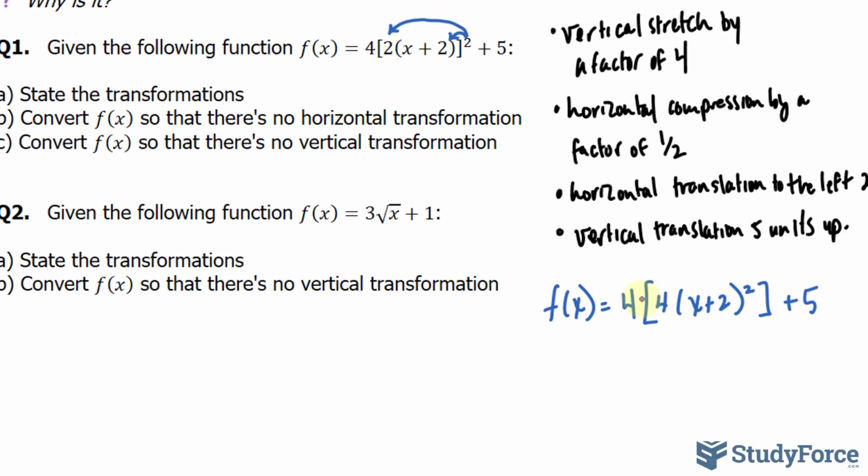As a result, we can now multiply 4 and 4 together. Before, we couldn't do that. We couldn't multiply 4 and 2 together because of that exponent 2. 4 and 4 makes 16, x plus 2 in parentheses to the power of 2 plus 5.